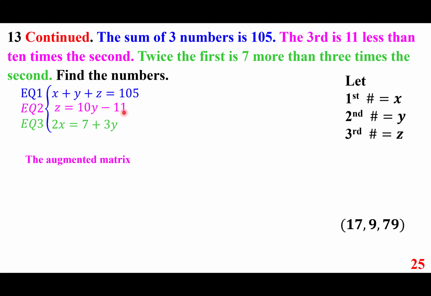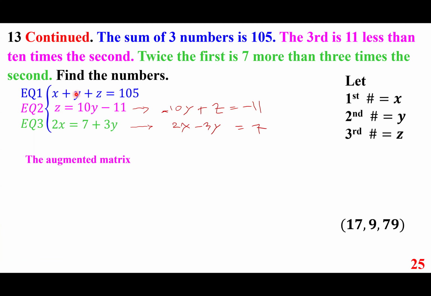Now I'm going to change this so you see what happens here. This one, I'm going to write 10y minus 10 plus z equals minus 11. And this one, I'm going to write 2x minus 3y equals 7.